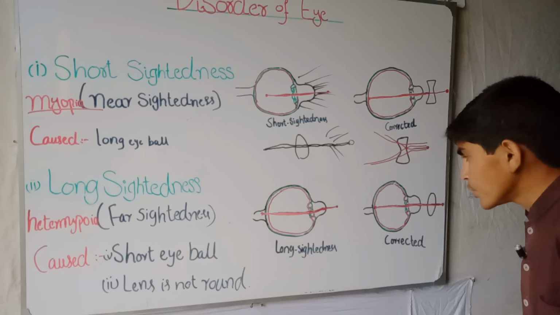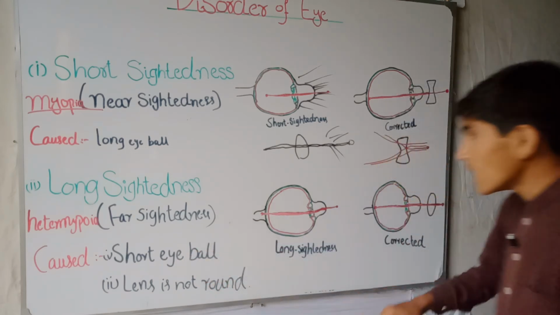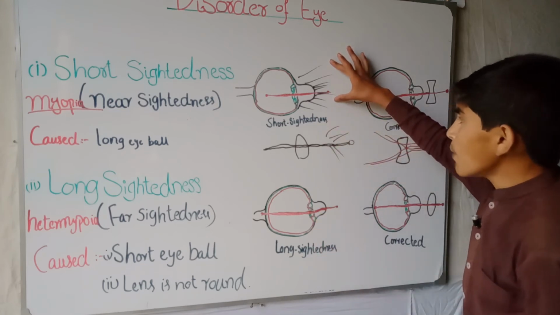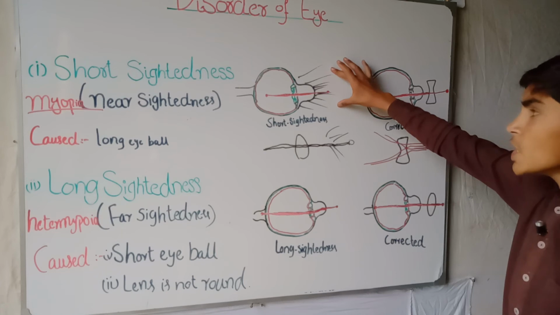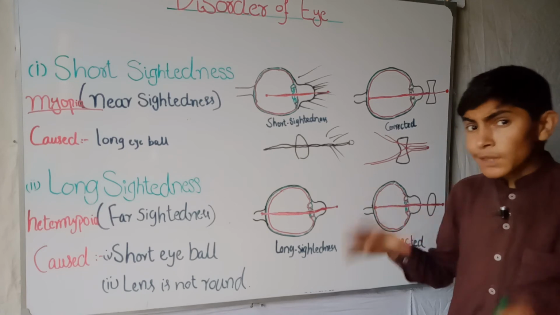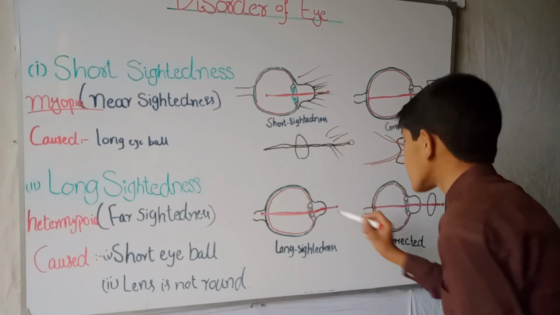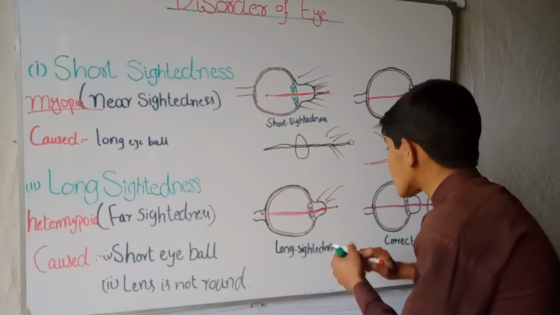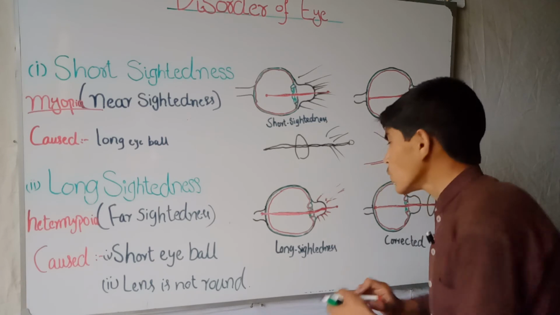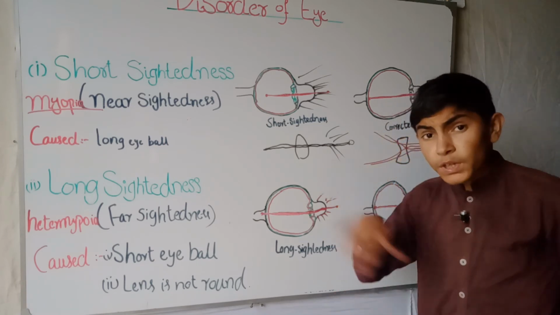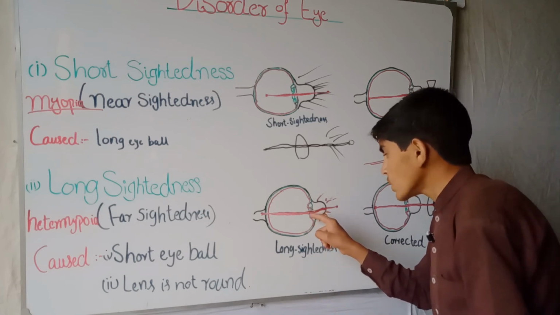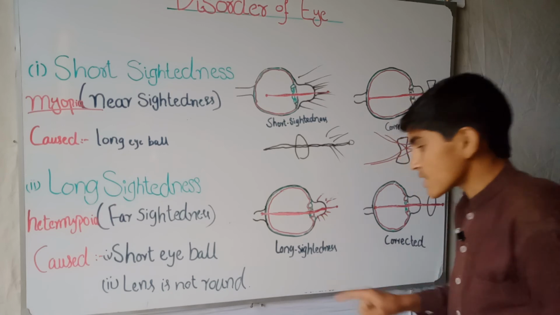If we talk about its causes, the short eyeball is opposite to the earlier case. There, the eyeball was long, so the light rays were compelled to converge. While in this disease there is a short eyeball, so there is no compelling of the light rays to converge, so the light rays safely go and pass through the lens.